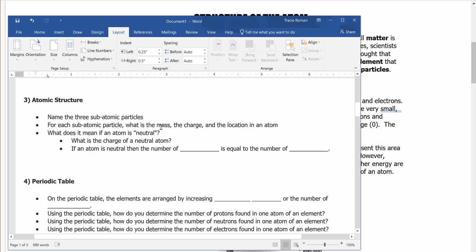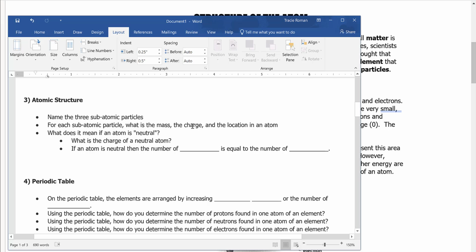The mass of a neutron is 1 AMU. The charge of a neutron is 0. It doesn't have a charge. And the location of a neutron in an atom is also in the nucleus with the protons. Mass of electrons is basically 0.